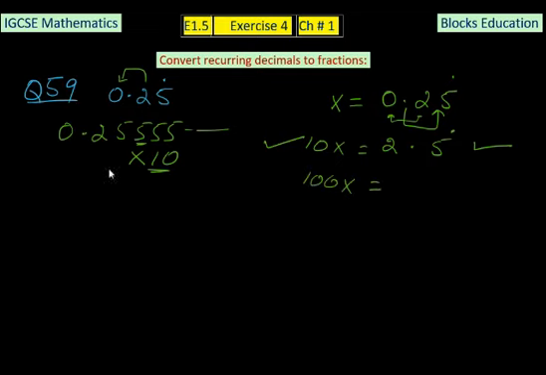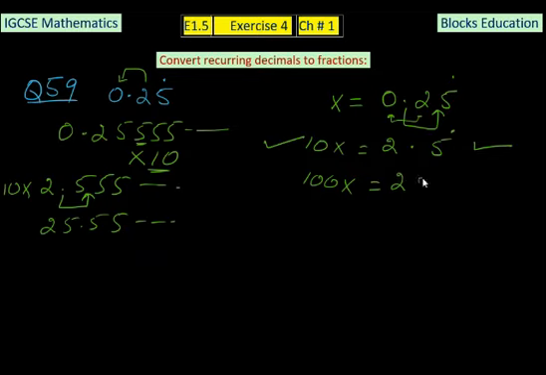Now see that if you multiply, you have 2.555 and so on, and you multiply by 10 this time. 10 means this decimal will move one place to the right, right? So it will be 25.555, or you can write it like 25.5 with the 5 recurring.